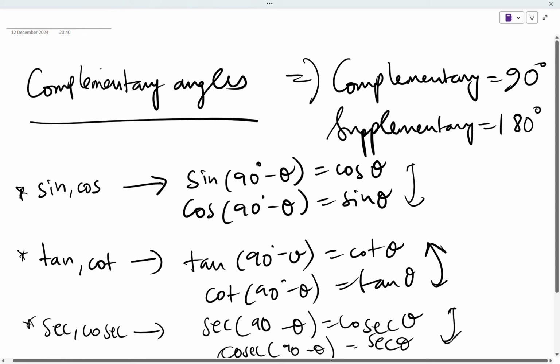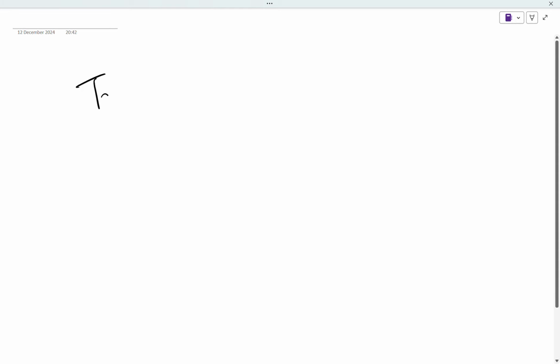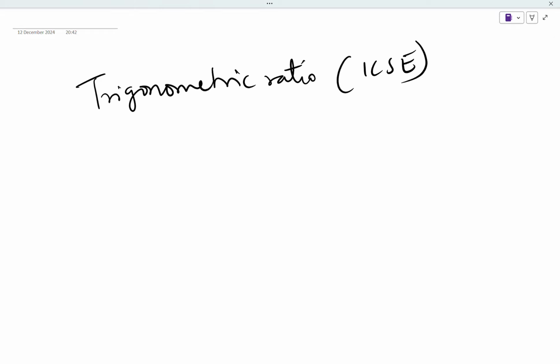Alright. So this was the entire concept on complementary and supplementary angles, which is very relevant with respect to your trigonometry chapter in your class 10 board exam ICSE, and this is also very helpful with respect to class 9's trigonometry ratios. Sorry, my bad. This is not trigonometry ratios. This is trigonometry identities.